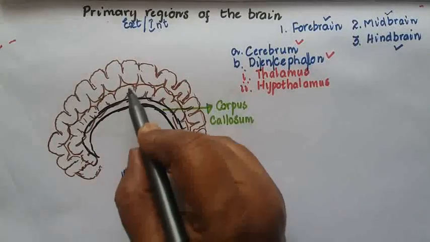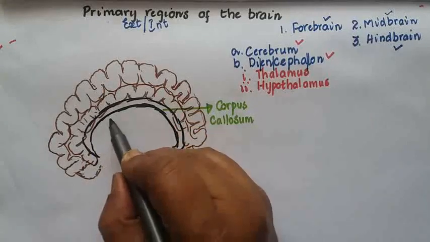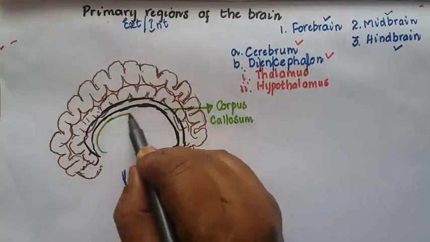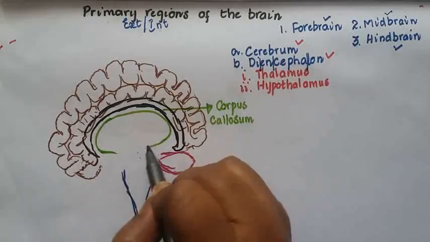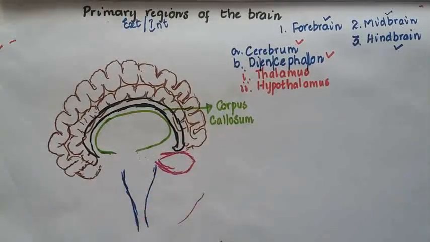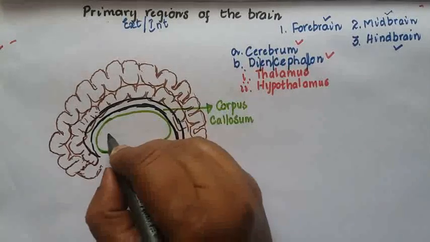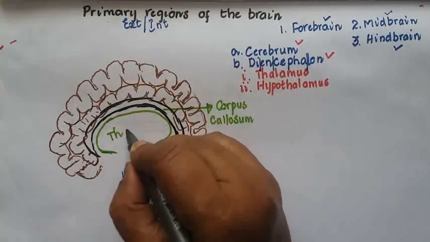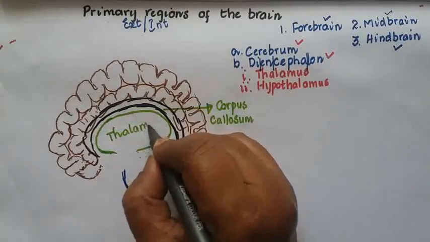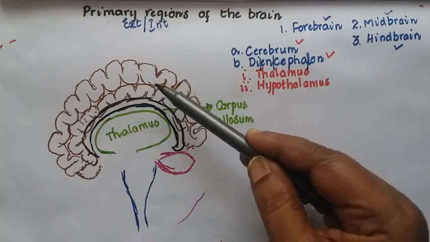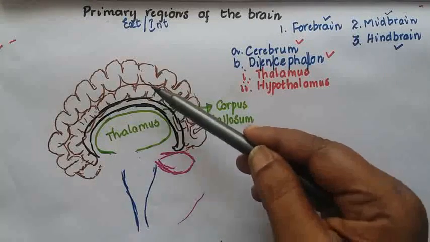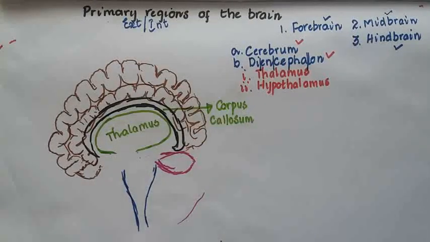Now, just below the cerebral cortex, we find an egg-like structure, and this structure is nothing but the thalamus. So how do we identify the thalamus? The thalamus is an egg-like structure which is situated below the cerebrum or cerebral cortex.